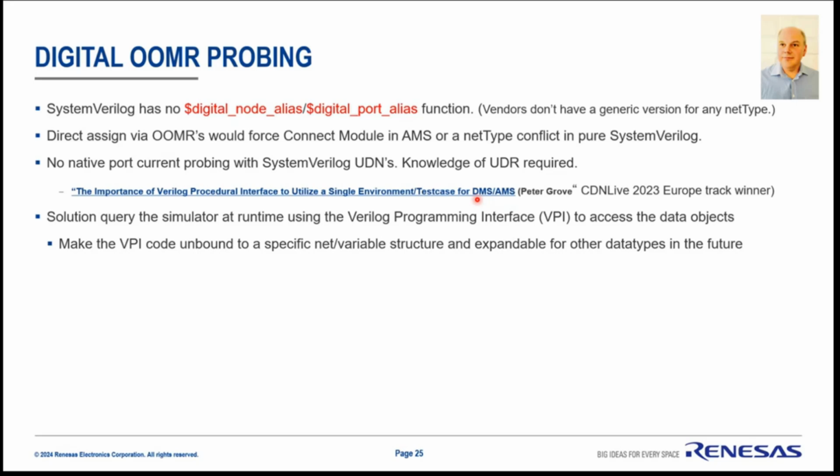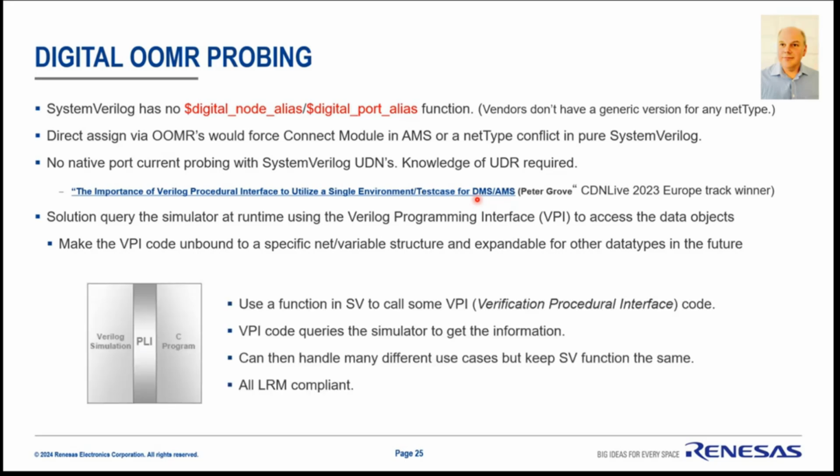The way around all of this is basically you need to query the simulator at runtime to know what the object is, and then from that work out what to do. So what we do is we use the VPI layer to query the simulator, and from that we can work out what to do.